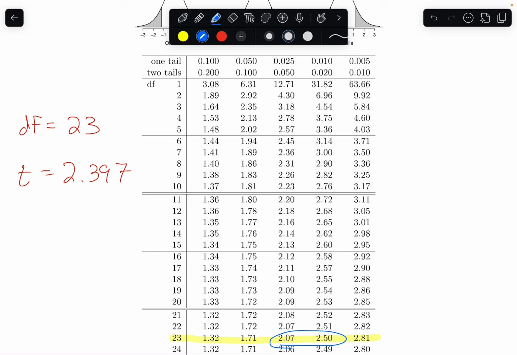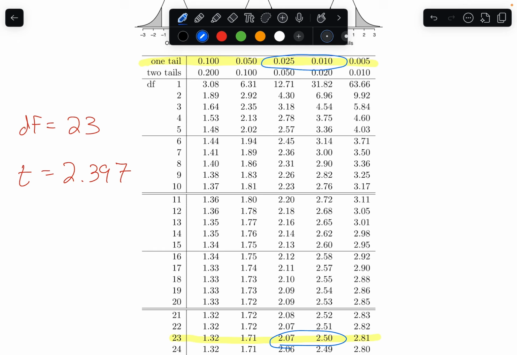We also said we were doing a one-tailed test because our alternative hypothesis said mu is greater than 3.13. So we're looking at these probabilities up here. That means my p-value is going to be somewhere between 0.01 and 0.025. Remember, I can't say exactly what it is using this method.